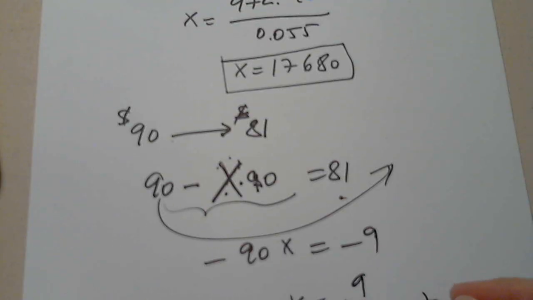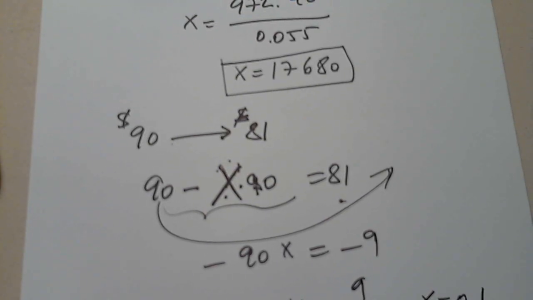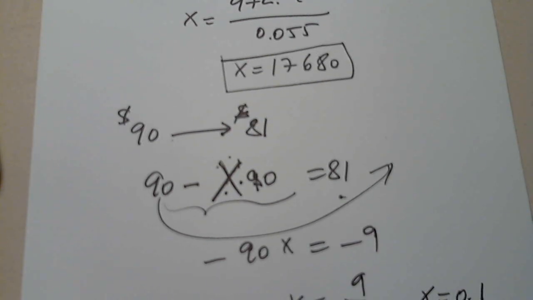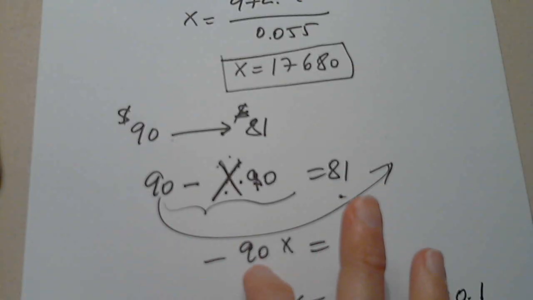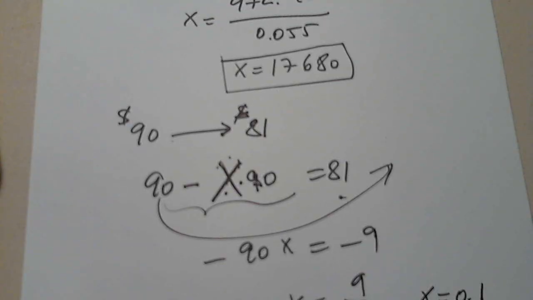I simplify, and x equals indeed 0.1. And yes, it is 10%. Exactly. That's what we need to do. Subtract 90. 81 minus 90 is negative 9. We divide negative 9 by negative 90. When I simplify, I get 1 over 10, which is 0.1.